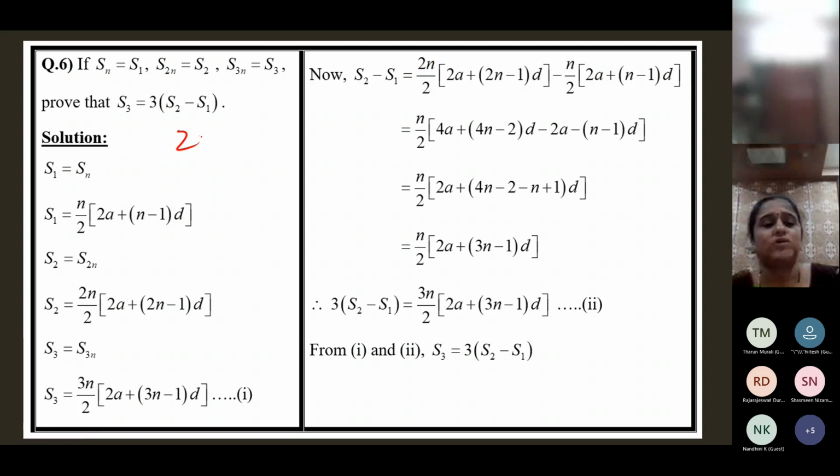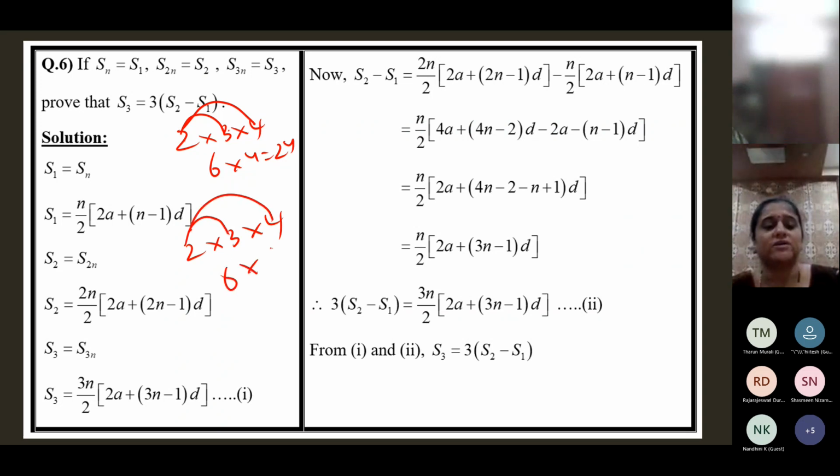See, when you have 2 into 3 into 4, 2 3s are 6, 6 4s are 24. That's all. You will not multiply 2 and 3, 2 and 4. If you have 2 into 3 into 4, you will not say 2 into 3, 6, 2 into 4, 8, and then 48. No. 2 3s are 6, 6 4s are 24. That's it.